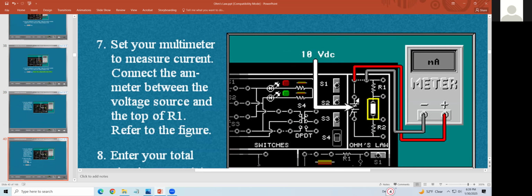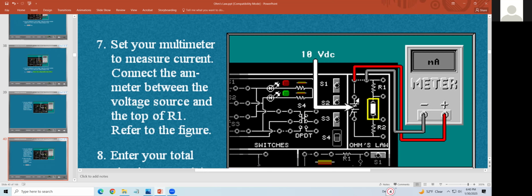Now, they want to measure the current. Okay. So basically the more positive side of the current connects here. And the negative connects to the other side. However, make sure this still has the connection.